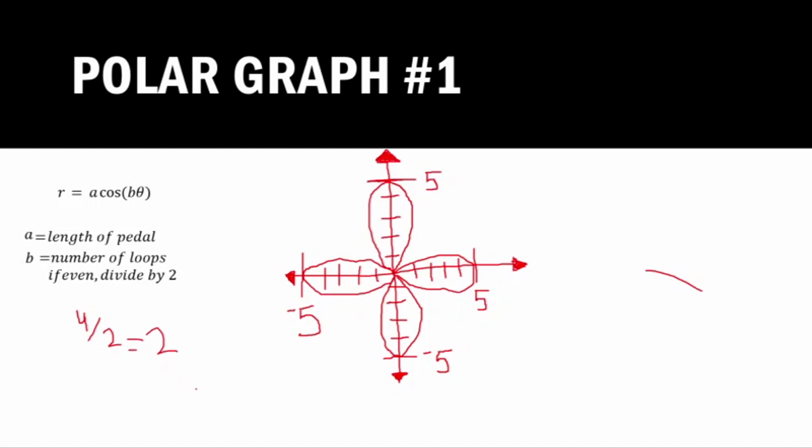So the equation for this is r equals the length of the petals, which is 5, then we have the cosine, and in parentheses you got 2, which again is 4 divided by 2, times theta. So r equals 5 cosine 2 theta.